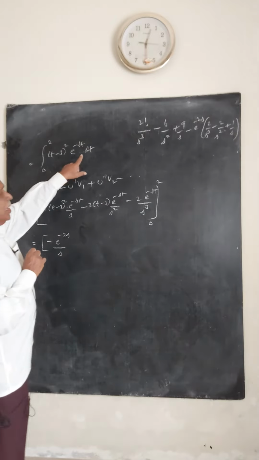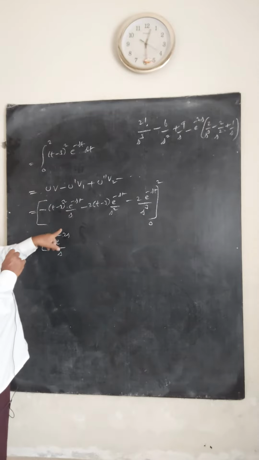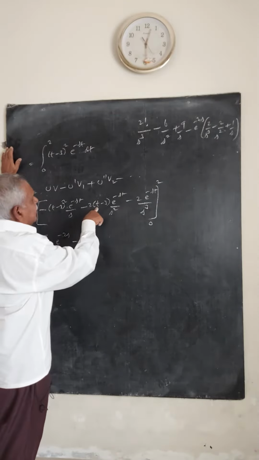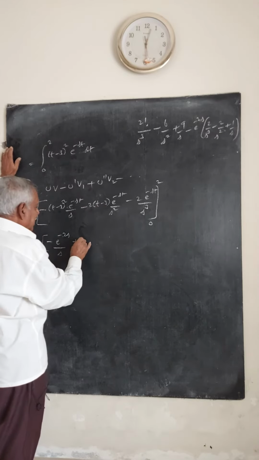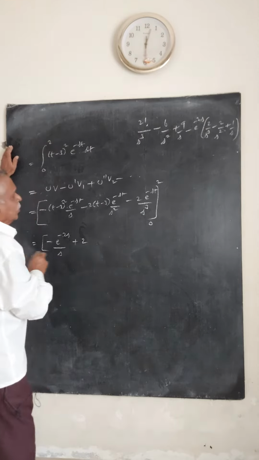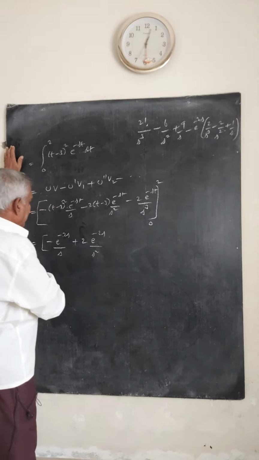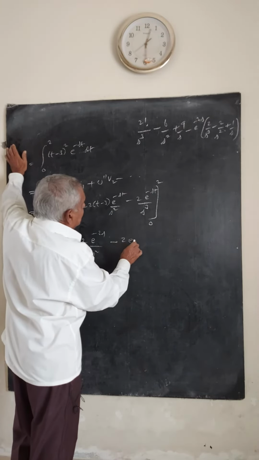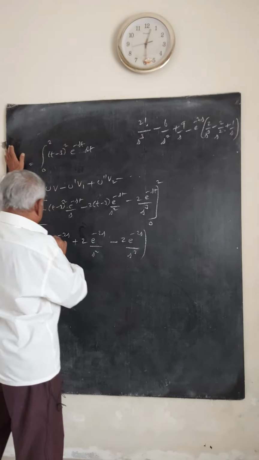Wherever t comes, we give 2 as the upper limit. In the second term, 2 minus 3 is minus 1, and the existing minus makes it plus, giving 2 e power minus 2s by s square. Again, minus 2 e power minus 2s by s cubed.